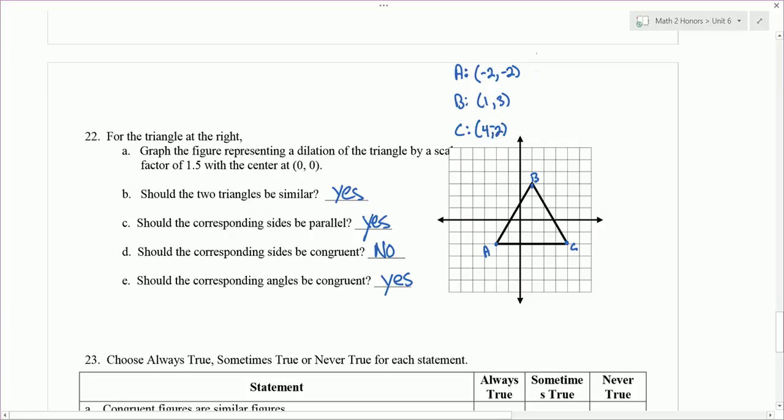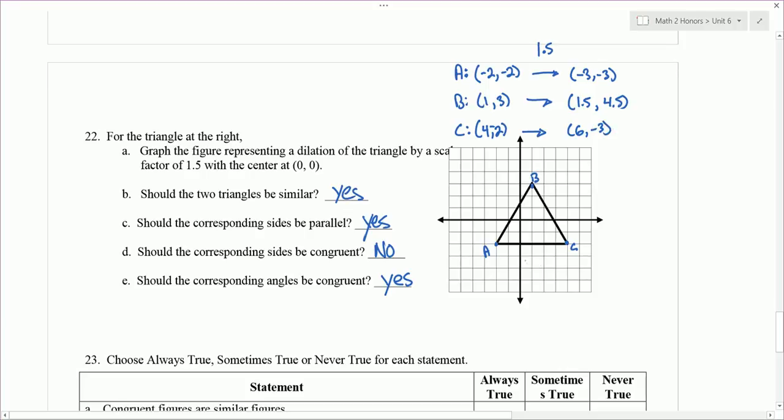And so we're going to now, by a scale factor of 1.5, multiply these numbers by 1.5. So 2 times 1.5 is 3. So this is negative 3, negative 3. 1 times 1.5 is 1.5. 3 times 1.5 is 4.5. 4 times 1.5 is 6. And negative 3.